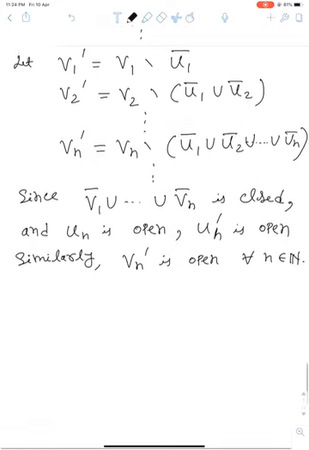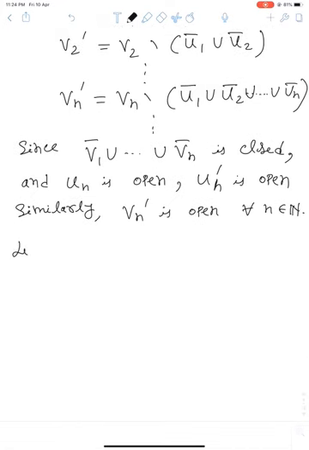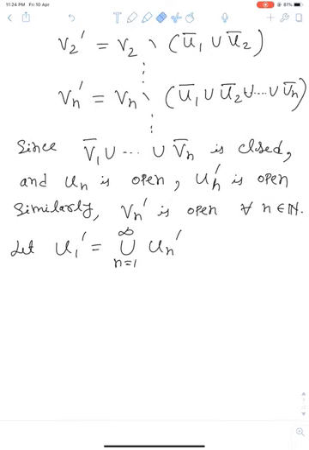Fine. Now let u dash equal to the union of n equal to 1 to infinity un dash, say this is my u dash, and v dash equal to the union of n equal to 1 to infinity vn dash.